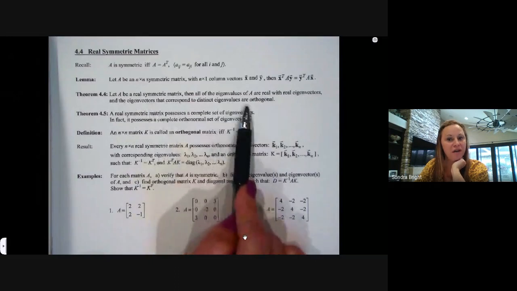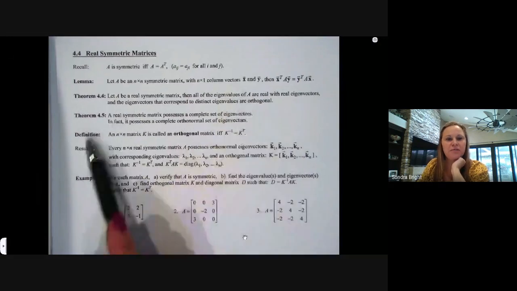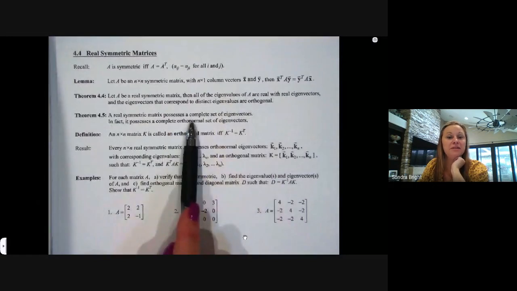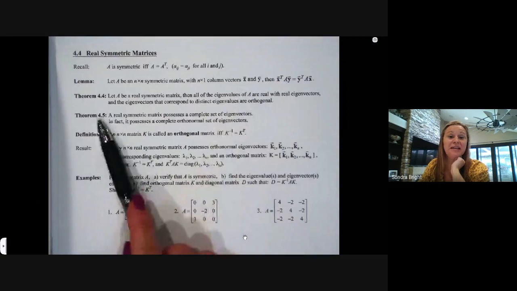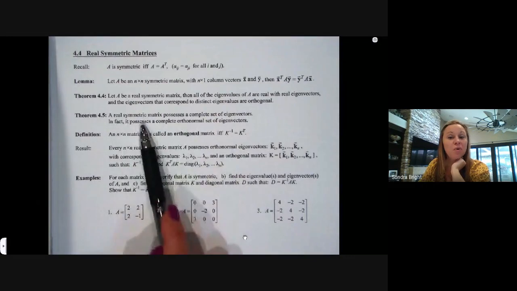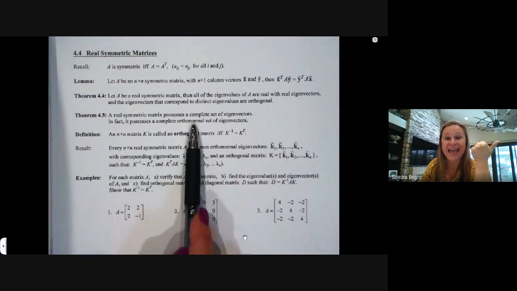They are perpendicular. We also have another theorem that says a real symmetric matrix possesses a complete set of eigenvectors, and in fact, it possesses a complete orthonormal set. Orthonormal says that they are orthogonal to each other and unit length, they have length 1.